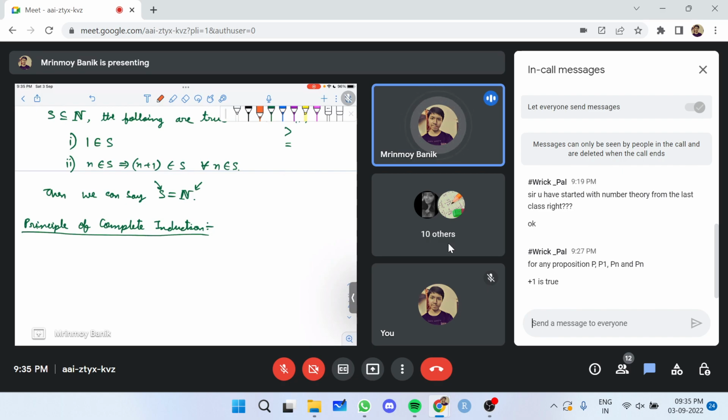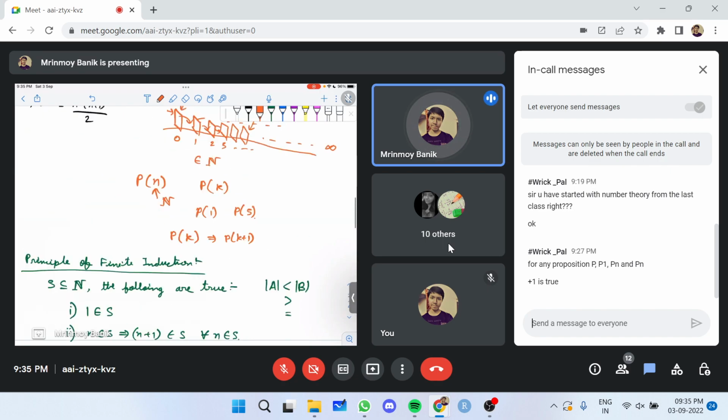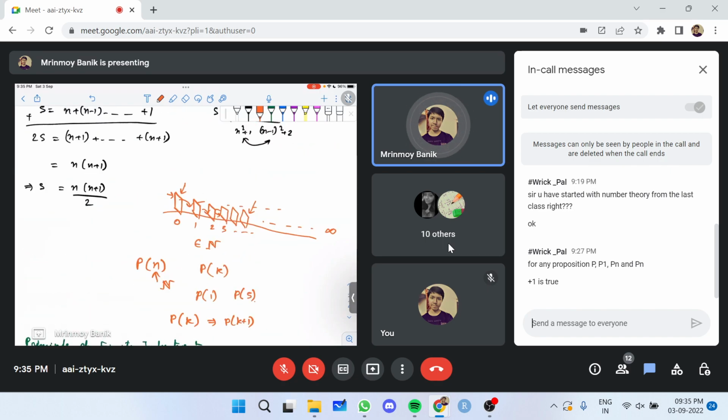Like these dominoes, you can call that the first domino, the second domino, the third domino, and so on. In this numbering, all the dominoes are mapped to some number in the set of naturals.